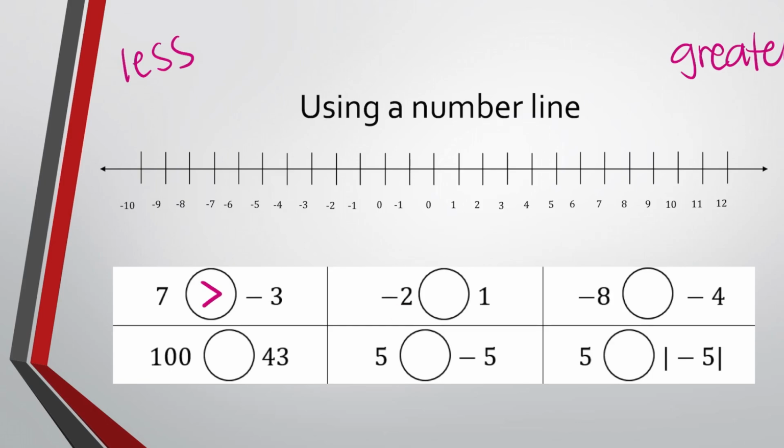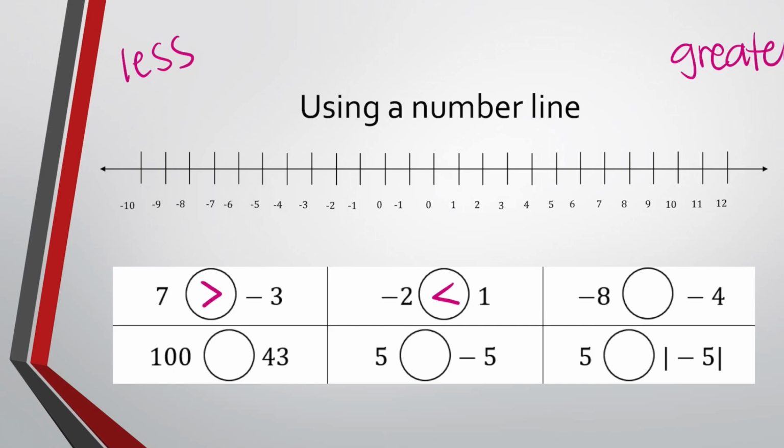And you do have to be careful about the negatives. I know that the 2 looks bigger than 1, but you have to remember that -2 is actually more on the left side than 1 is. 1 is over here and -2 is over here. So -2 is actually less than 1. And that's where the number line really comes in handy, because it helps keep track of where everything is.